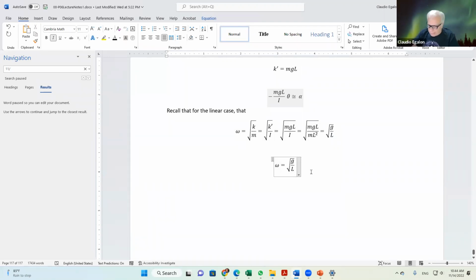Let's not forget that this is 2 pi over big T, right? And we can get the period of our simple pendulum, big T. L over G, right?